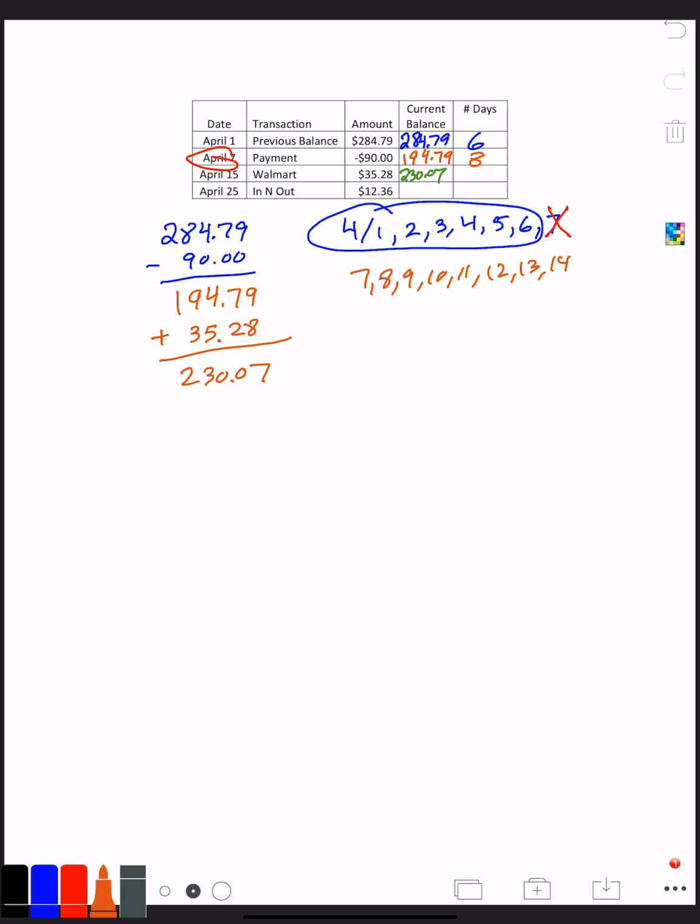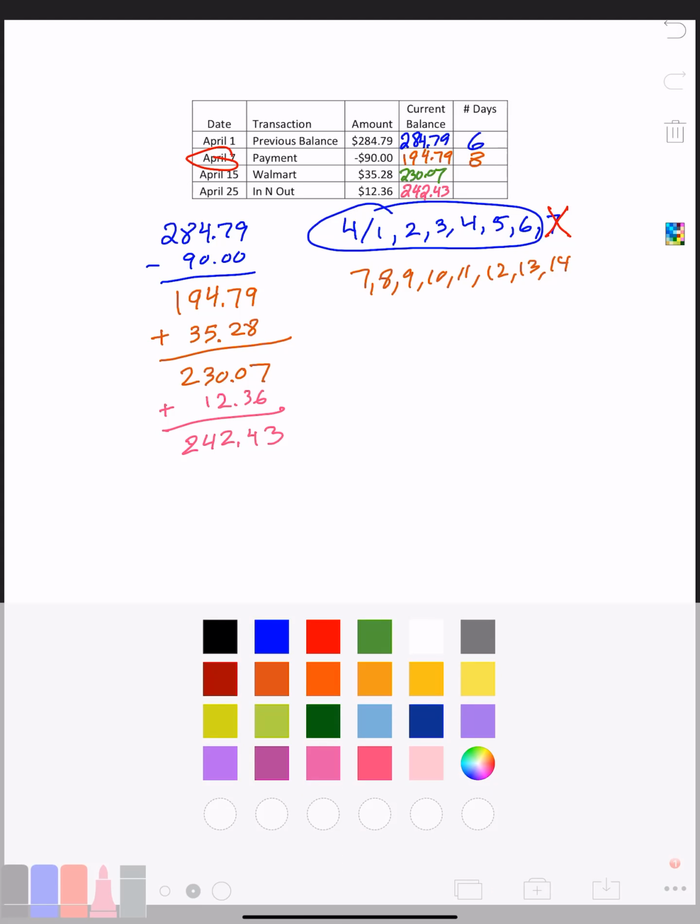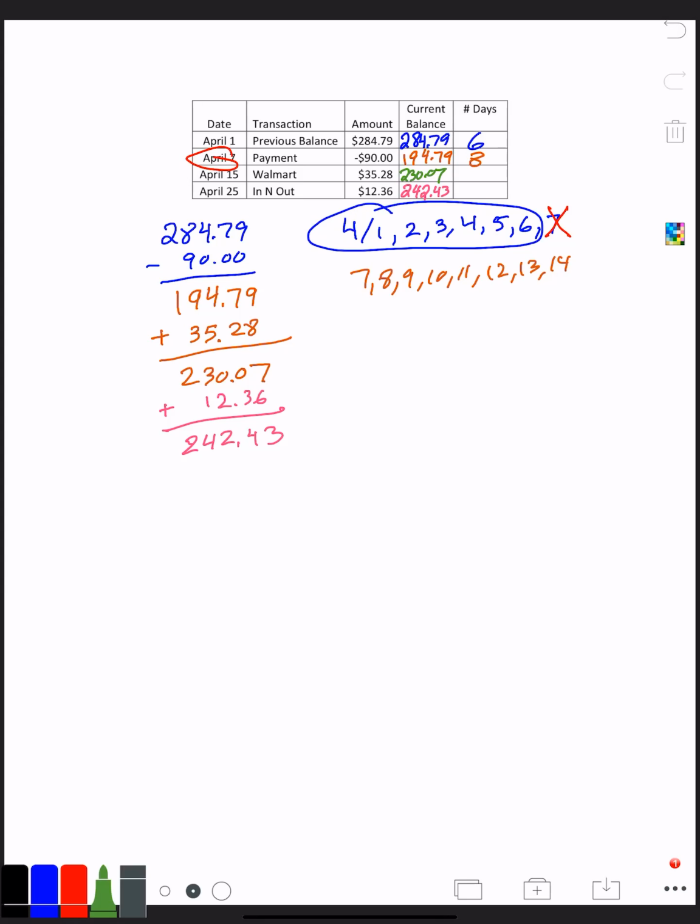One more transaction to worry about here. So let's go ahead and say, okay, it was $230.07. Then we spent another $12.36. This works out to be a total of $242.43. We also need to figure out how long that was. So that was from the 15th, 16, 17, 18, 19, 20, 21, 22, 23, 24. Not the 25th, because that's when it changes.